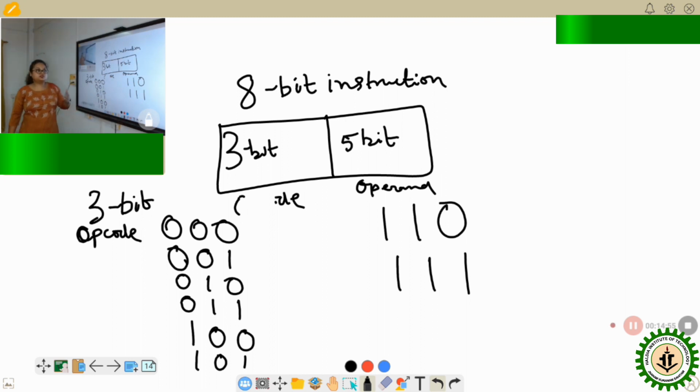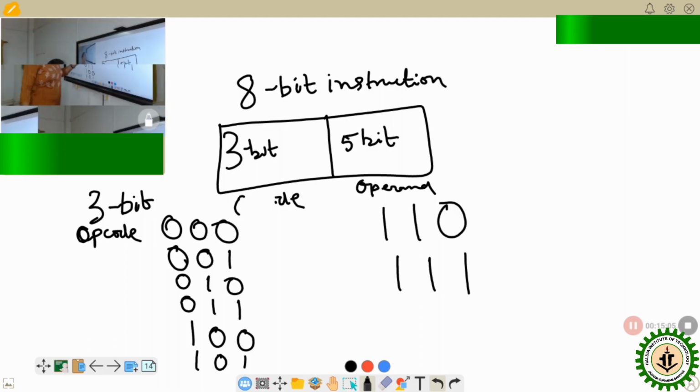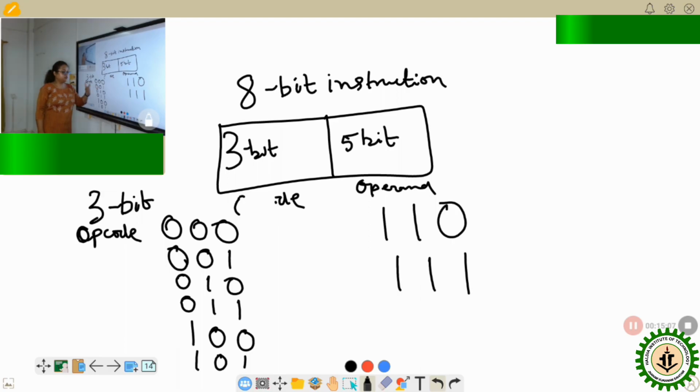When the CPU is being designed, the designer will see that there are 8 combinations happening. For that, 8 types of operations will be there.